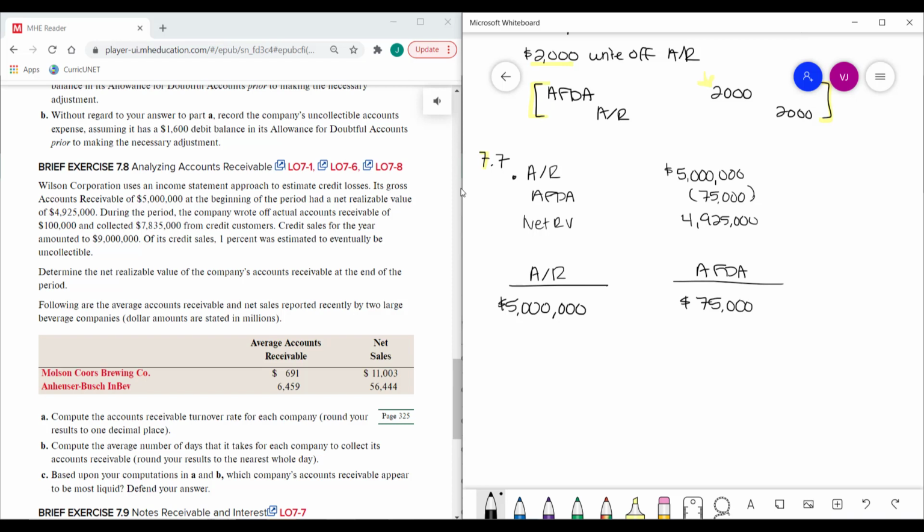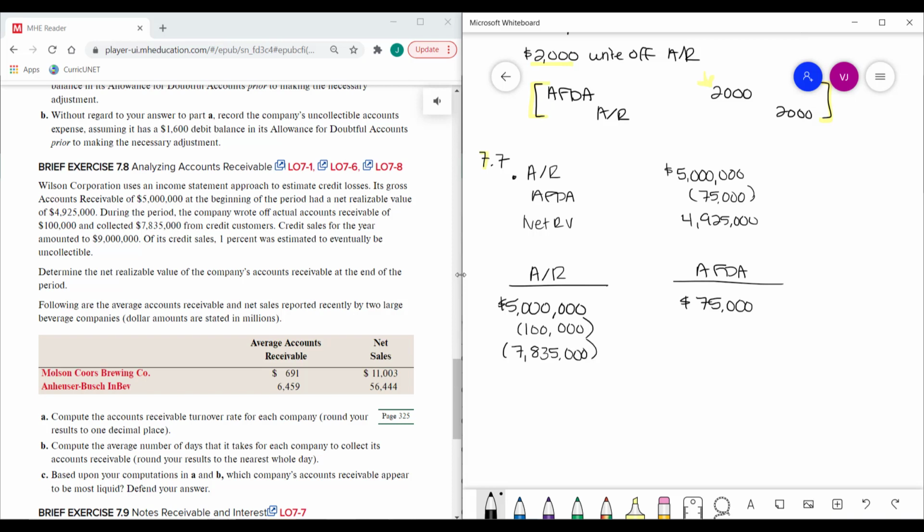So it says during the year, the company wrote off actual accounts receivable of $100,000. So what would happen to accounts receivable when that happens? Well, that's $100,000, right? And they collected $7,835,000 from credit customers, right? So that would also reduce your accounts receivable balance, 7,835.